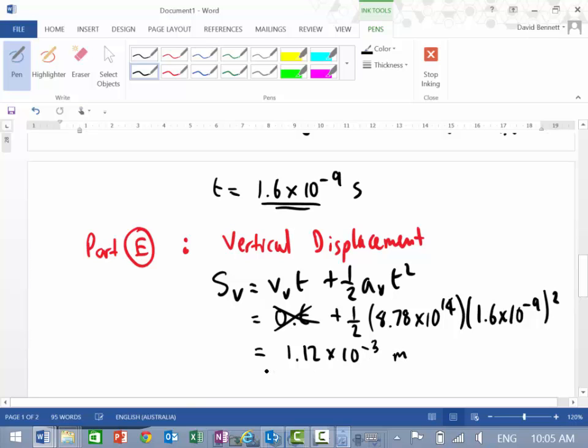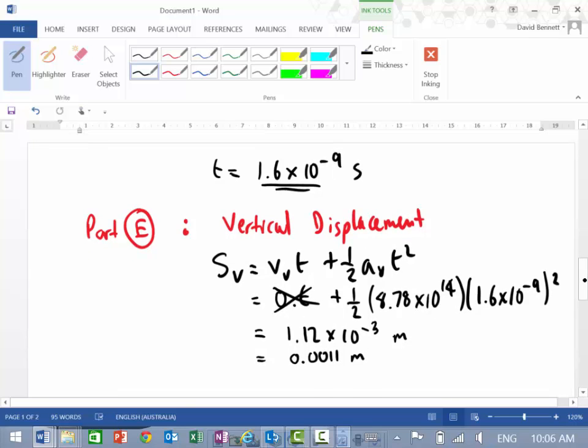Yeah. So that's equal to 0.001, let's say 1, metres. So it's actually not even a centimetre it gets deflected, is it? It's 0.1 of a centimetre, like 1.1 millimetres is how much it's going to be deflected.